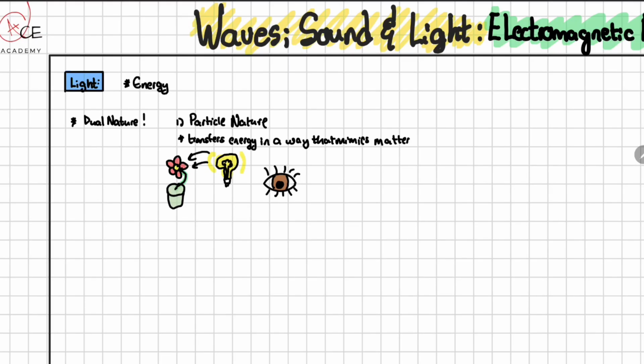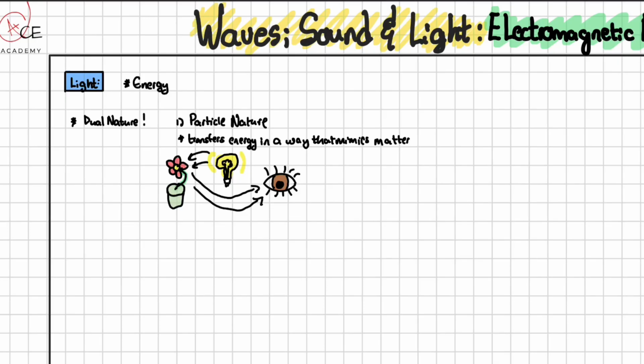This object will then absorb certain frequencies of light and reflect the rest. Those light frequencies that are not absorbed by the object are then reflected back into my eye, where it is then translated into visual information that will allow me to see the object.